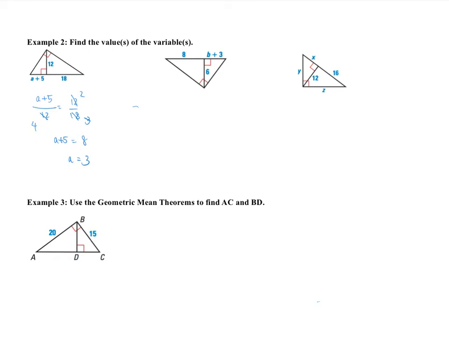And for this one, we can do 8 over 6 equal to 6 over B plus 3. Simplify. And B will equal 1.5.